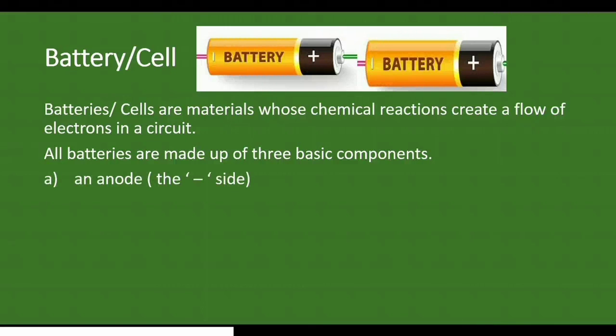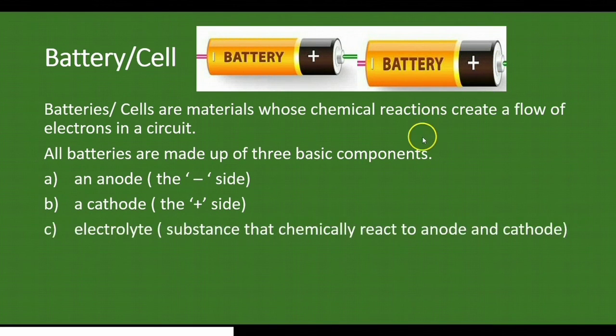We have the anode, that is the negative side of the battery. The next part of the battery is the cathode, and that is the positive side.